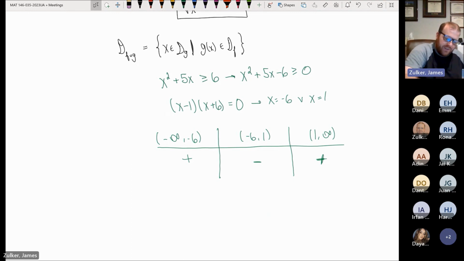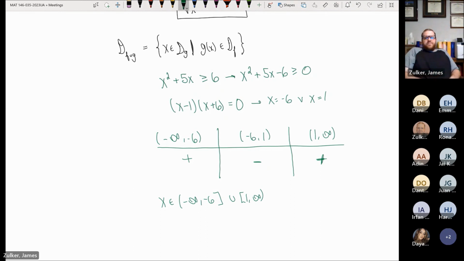So that gives us a solution of negative infinity to negative 6 union with 1 to infinity.